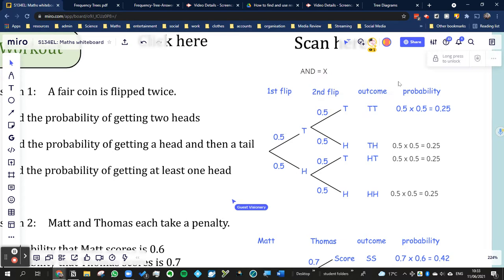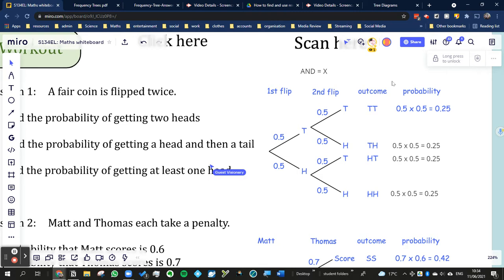So if there's one thing happening and another thing happening, for example, if I roll some dice, what's the chance of me rolling a 6 and then rolling a 6 again, or rolling a 6 and then a 5? It's going to be 1 in 6 multiplied by 1 in 6. So for the and we use multiplication.